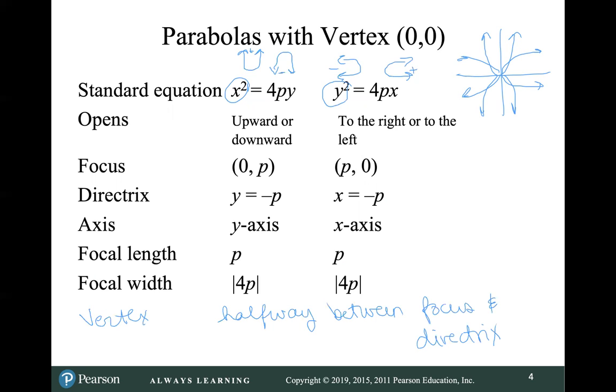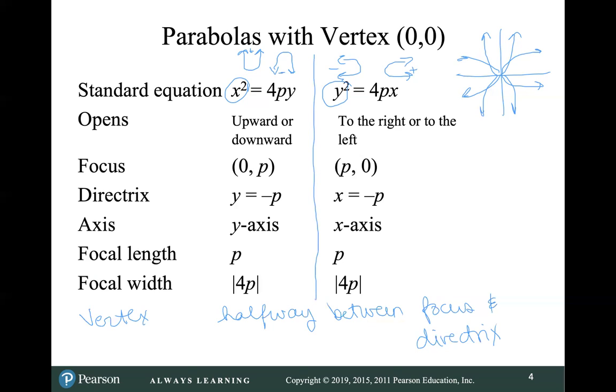So we need to know where the focus and the directrix are. Well, the focus will be (0, p). Now p could be positive or negative, and the directrix will be the line y equals negative p. All you do is switch x and y values, and then you have a sideways opening parabola. So that's what these different columns mean.